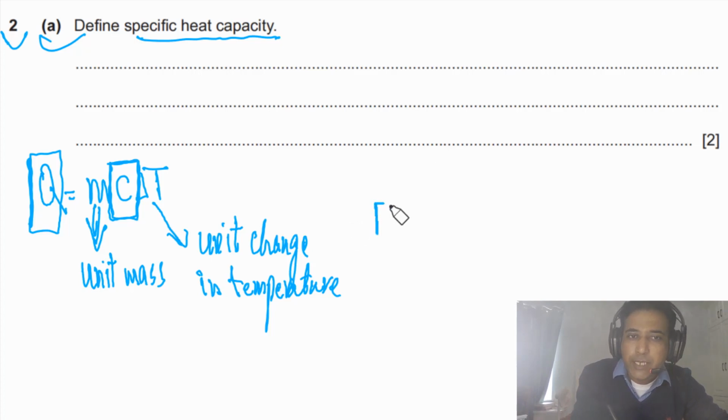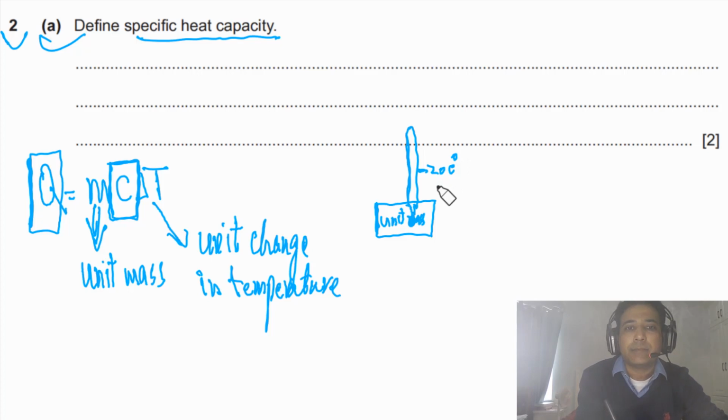Now let me explain this in a slightly different way. It's a beautiful concept. Imagine that this is the unit mass, and we place a thermometer inside. So here we have the bulb of the thermometer. Let's say the temperature on this thermometer is 20 degrees Celsius, and we change this temperature from 20 to 21 degrees Celsius.